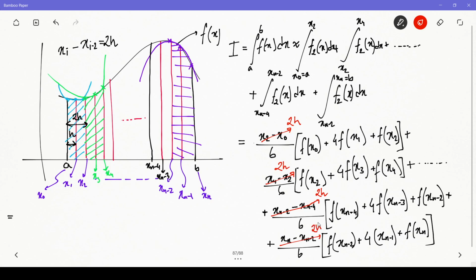So what's happening here is that we are ending up with the fraction 2h by 6 in front of each of these terms, right?